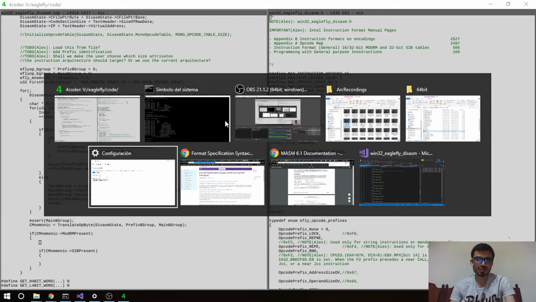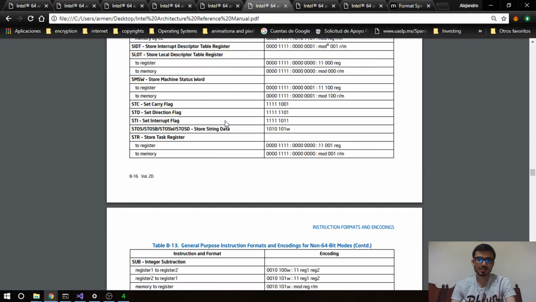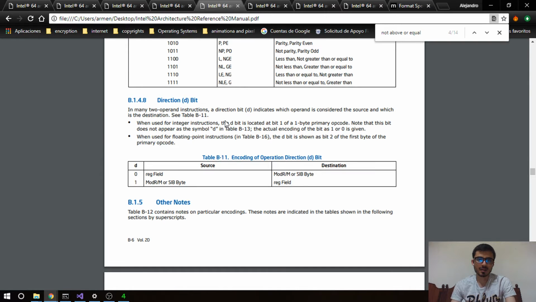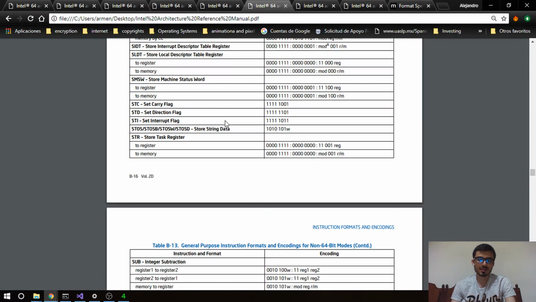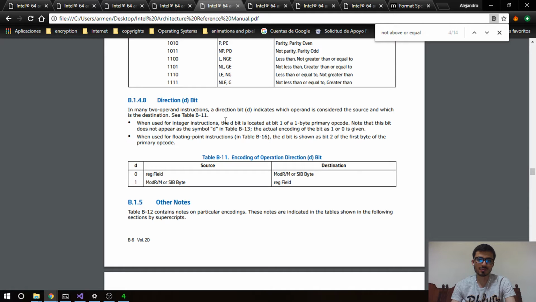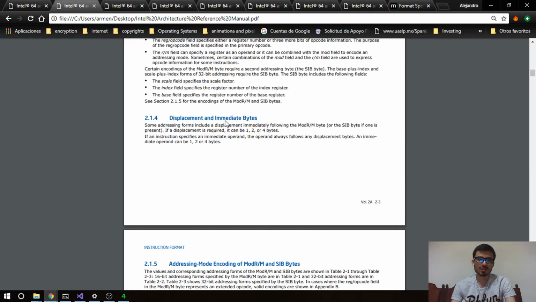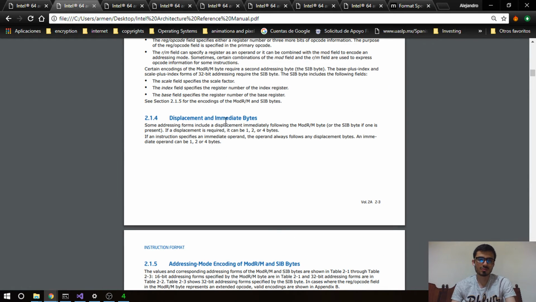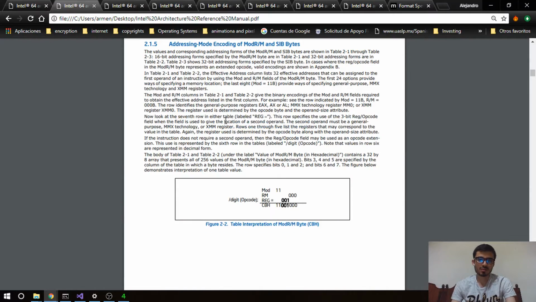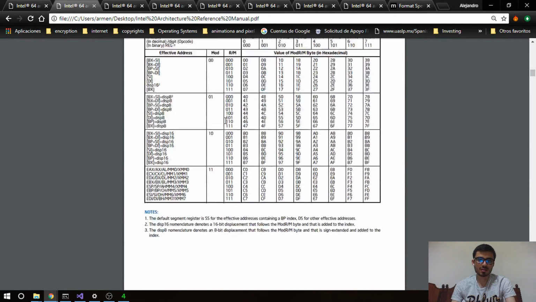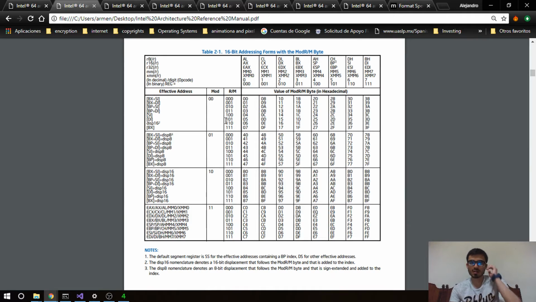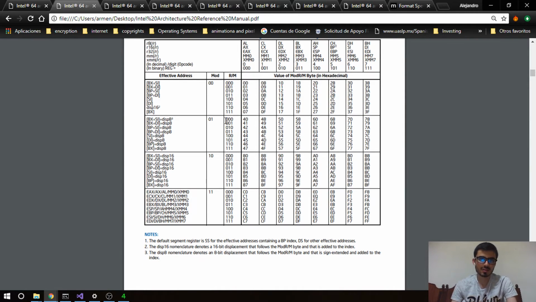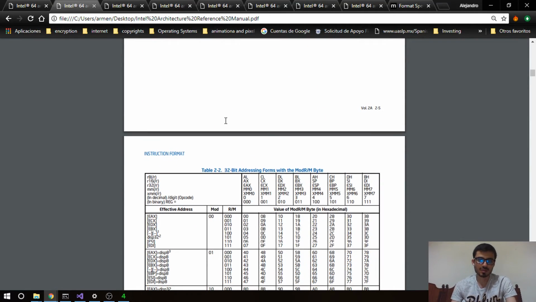So I would like to go to the formats. The question that we got on the last stream was that we know that the SIB is encoded inside the ModR/M, but where is it? Here is the table for 16-bit ModR/M, and this is for 32-bit ModR/M.